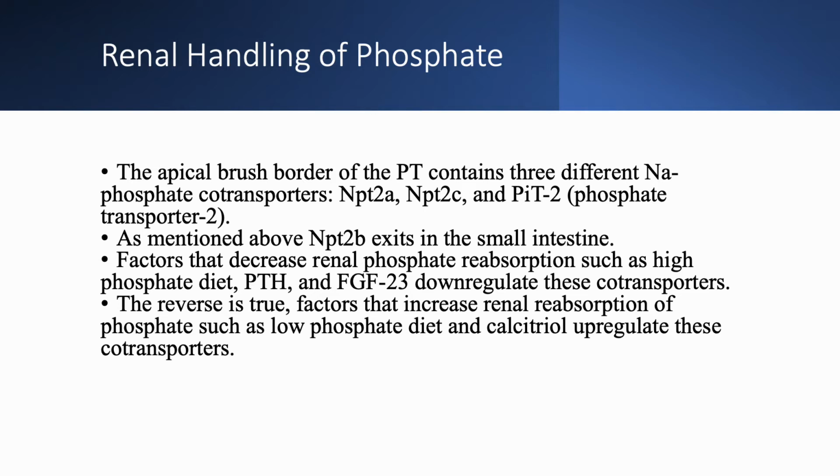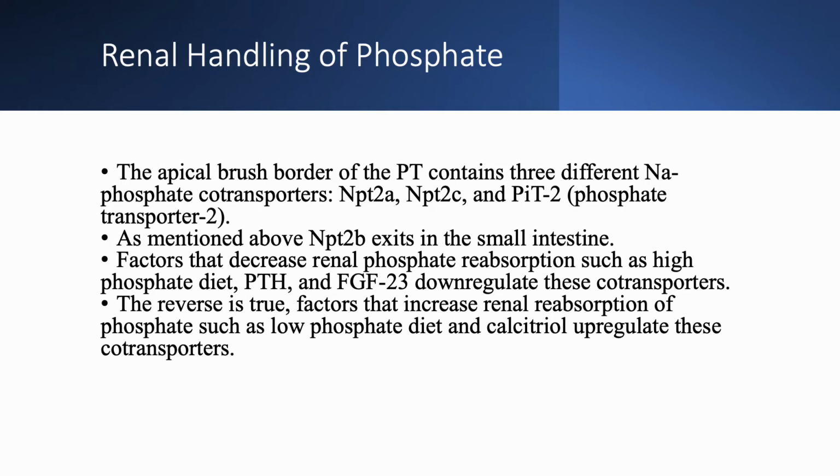So sodium goes in and phosphate follows. Here in the kidneys we have NPT2A, NPT2C, and PIT2, or phosphate transporter 2. Like we mentioned before, NaPi2b or NPT2B exists in the small intestine, while 2A and 2C exist in the kidneys.